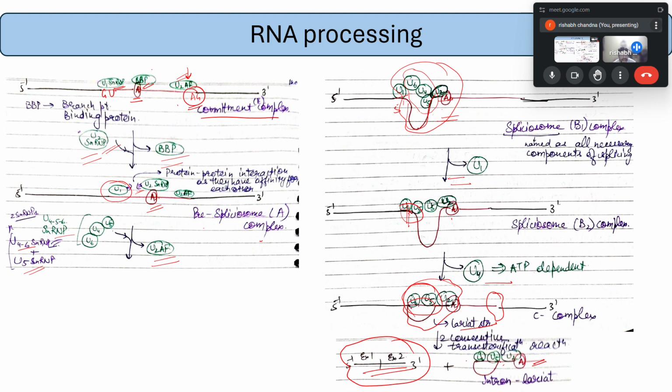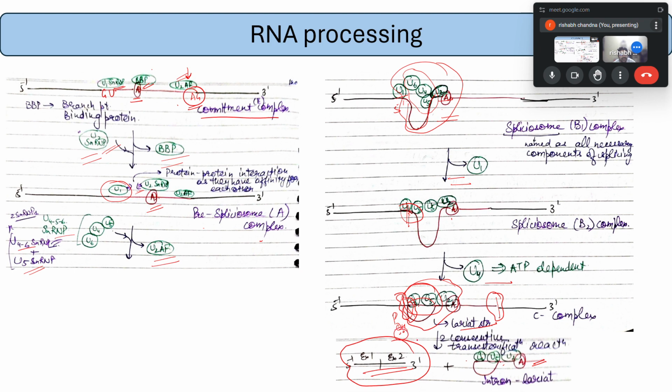Once U6 and U5 cleave the 3 prime splice site, the 3 prime end of the exon 1 has a nucleophile attached to the phosphate group.